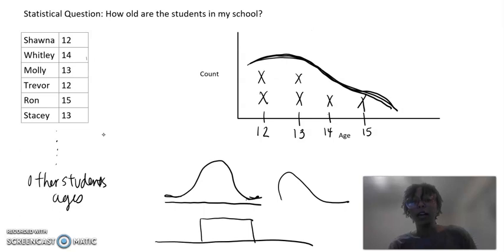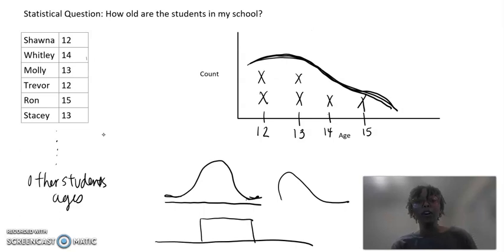So that could be something that describes the spread. So spread is another word for variability, which we learned in the previous video, that means how our observations change from one subject to the next.